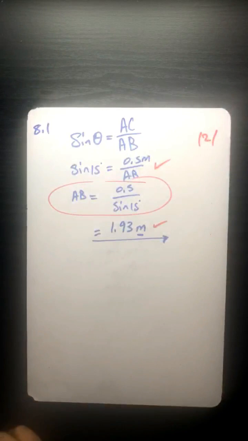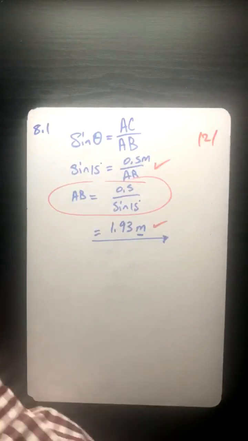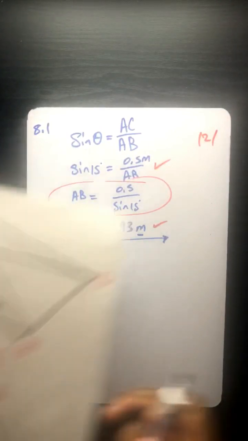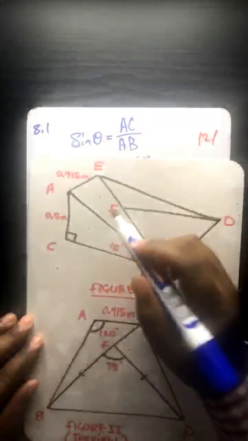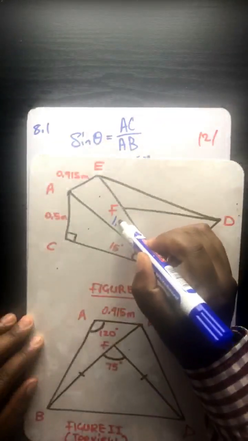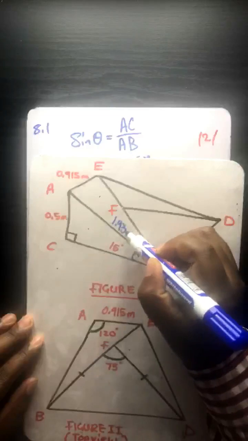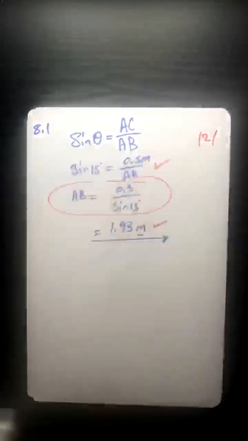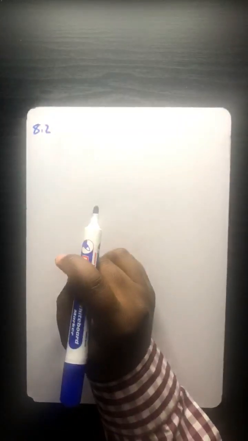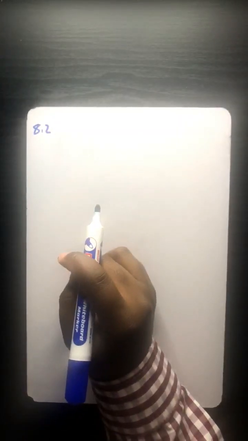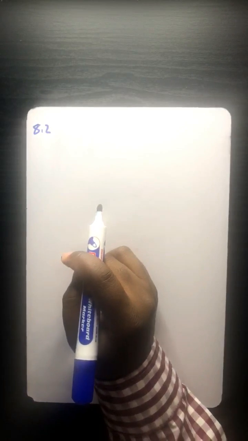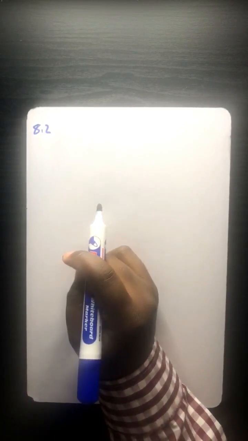So now let's see. Maybe let's write the information that we have there. We are having 1,93 meters. Yes. So now I'm just going to remove all of these, and let's have a look at the next question, being 8.2. The question says figure 2 shows the top view of the ramp.